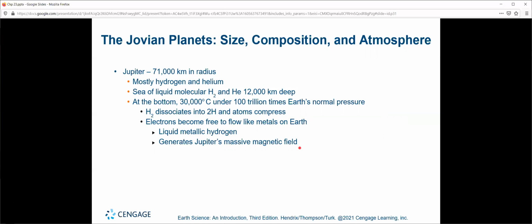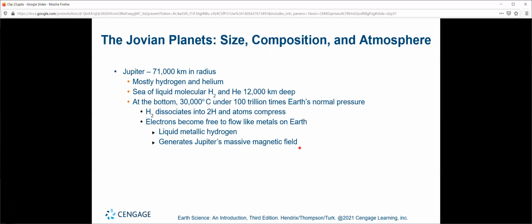At this point, you have the H2 dissociating into two H's and the atoms compressing down. Electrons can become free-flowing at this point, and they flow essentially kind of like metals do on Earth, giving you liquid metallic hydrogen. And it is thought that this intense heat and pressure and this breaking of the H2 bonds and freeing of the atoms of the hydrogen possibly generate the massive magnetic field that Jupiter currently has.